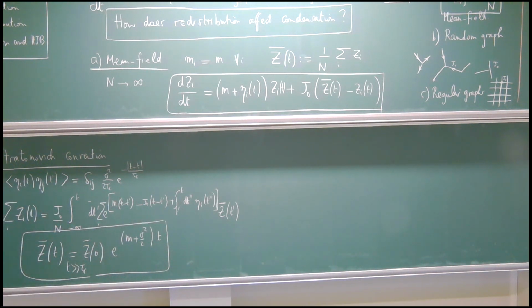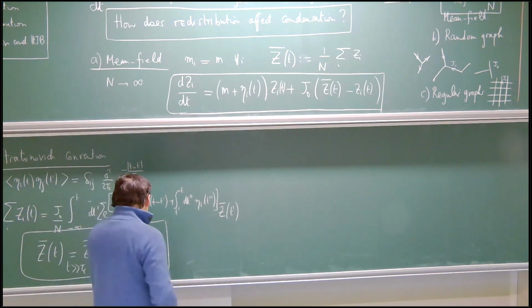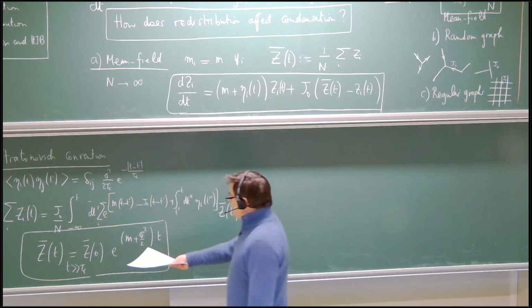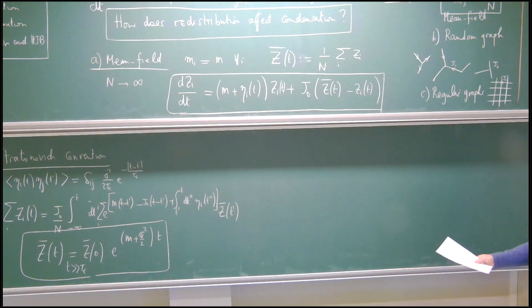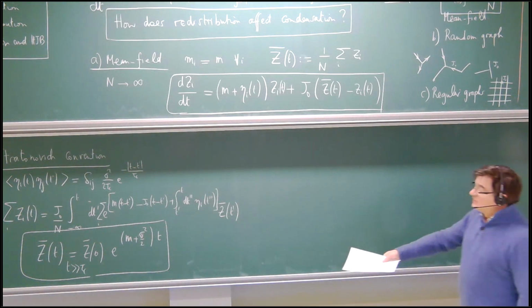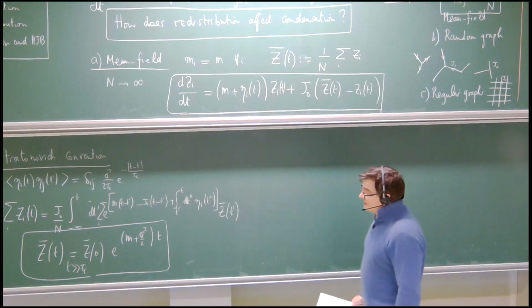So what I'm finding in this model is that the total population size, or the average population size, up to a factor N, is growing exponentially at a rate that is not exactly the average rate m. It's given by m plus sigma squared over 2. So there's a little bit of the fluctuations that help the total population to grow a little faster.